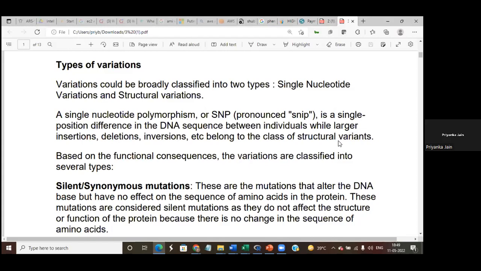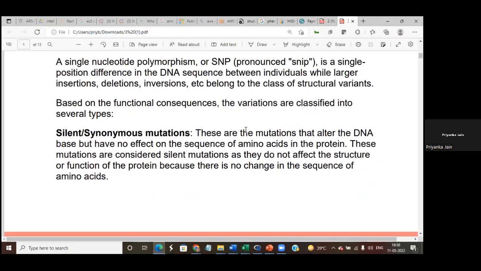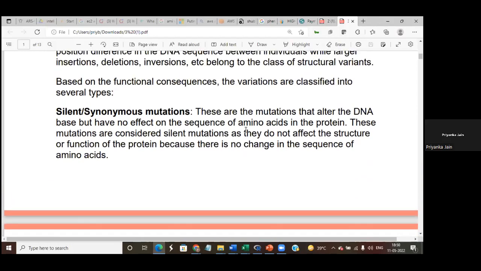All these categories of variation belong to structural variation. Our focus will be on SNPs, single nucleotide changes. In future we can have some training on structural variations also.